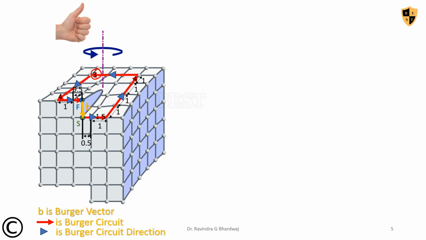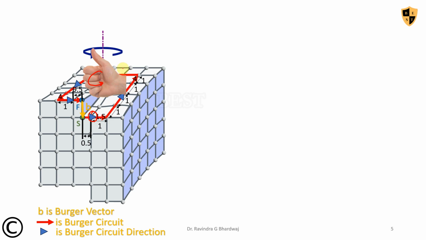Now we will use left hand and right hand to see which hand is best fitted with this Burgers circuit, right? So let's take the right hand first. I have to curl the fingers in the same direction as the Burgers circuit direction, right?